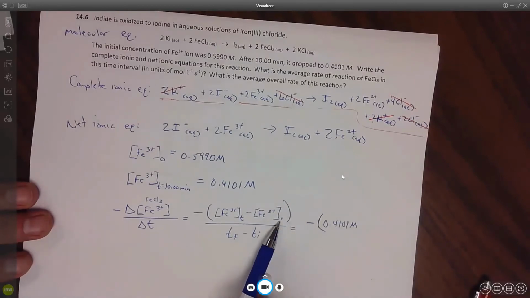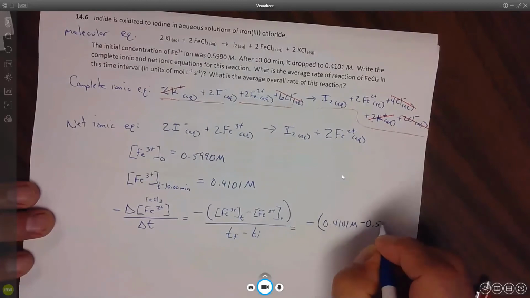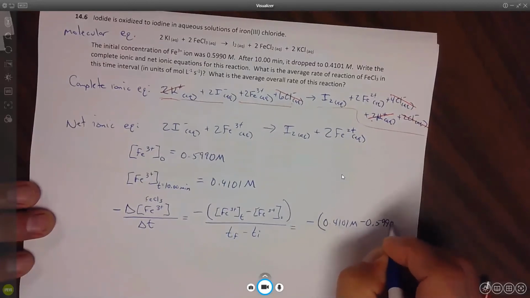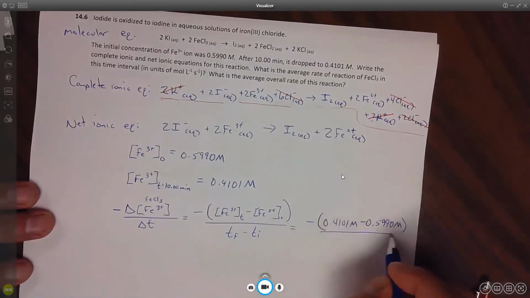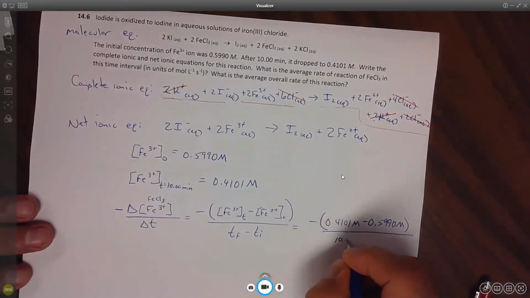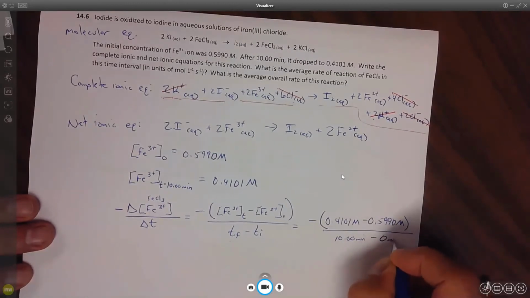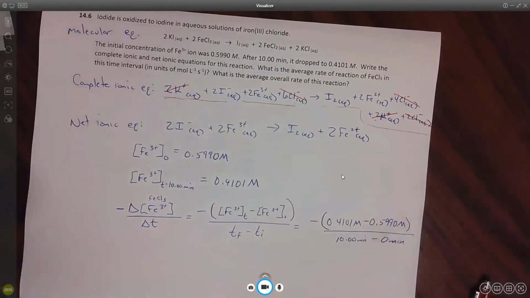The initial at time 0 was 0.5990. Our final time was 10 minutes and our initial time was 0 minutes. We're going to consider the 0 to be exact, and all of our uncertainty is going to be in the actual 10 minutes.